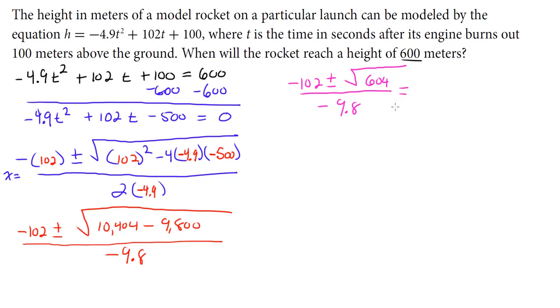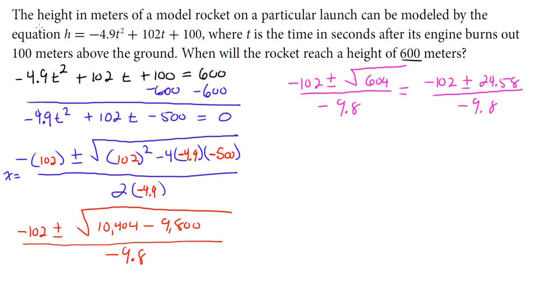The square root of 604 would be an irrational number, so we're going to round it to the nearest hundredth. So we have negative 102 plus or minus the square root of 604, which rounded to the nearest hundredth is 24.58, and all of that divided by negative 9.8.